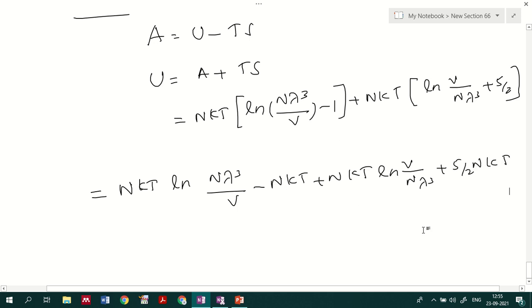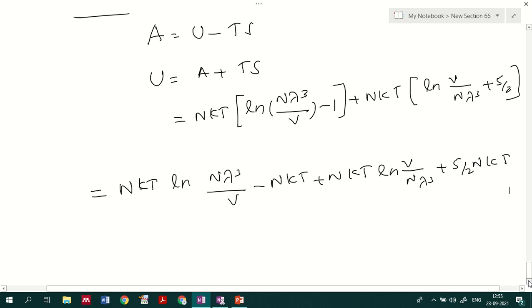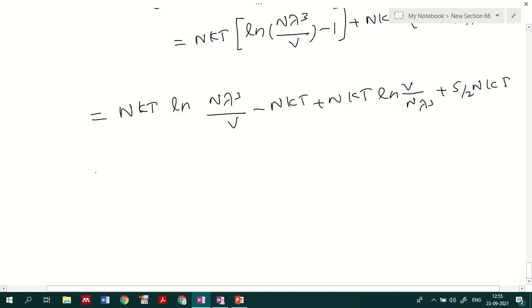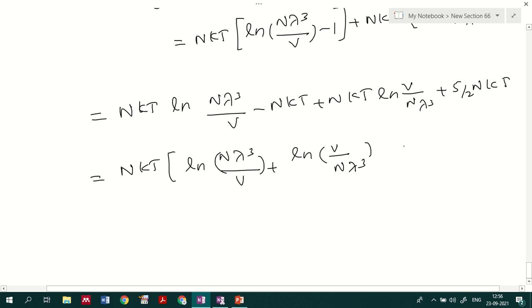And further, these two logarithmic terms I can keep together, so that is nkT into ln n lambda cube by v plus ln v by n lambda cube. This nkT and 5 by 2 nkT, if you put together, you will be getting 3 by 2 nkT.